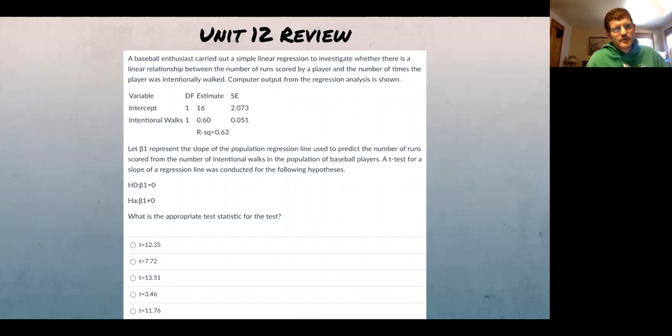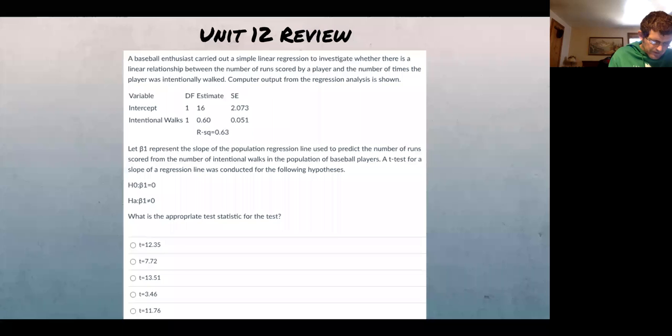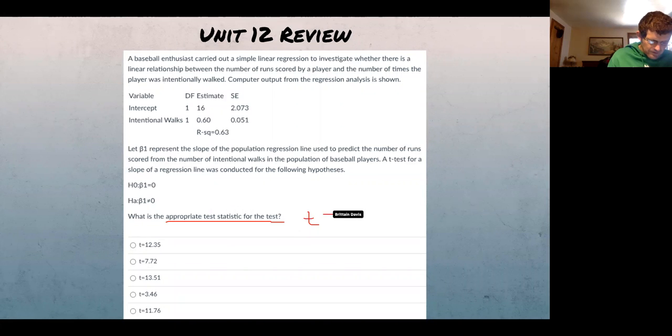In the end it asks, what is the number for the test statistic? This is determined by, remember, your slope minus beta over s divided by s sub x times the square root of n minus 1.